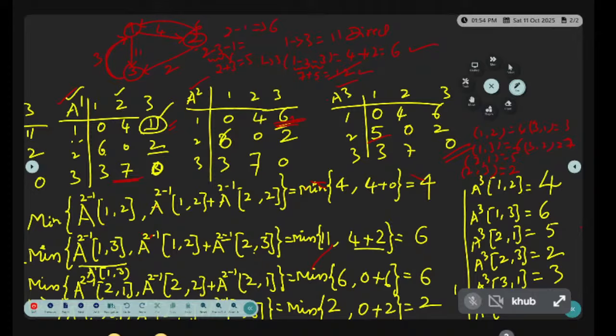One more graph. We'll go with the next application.